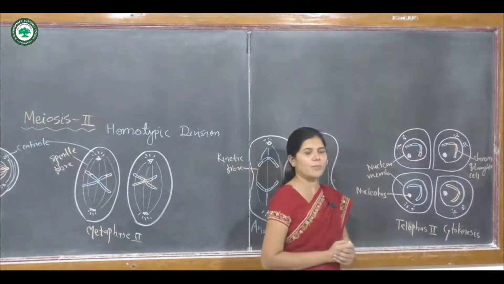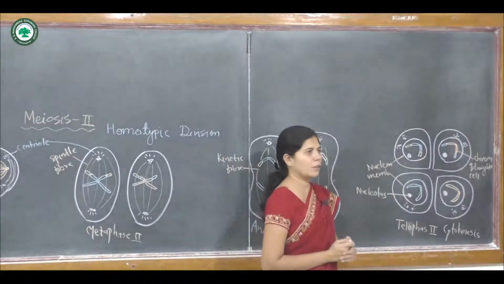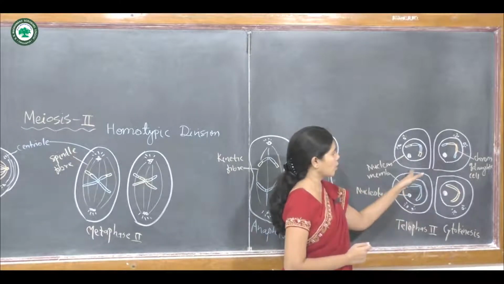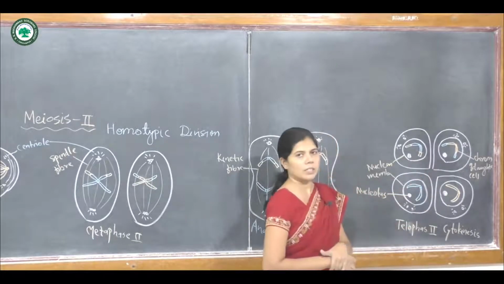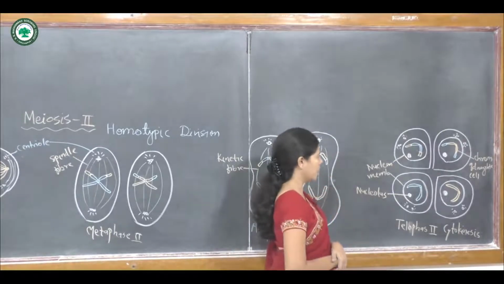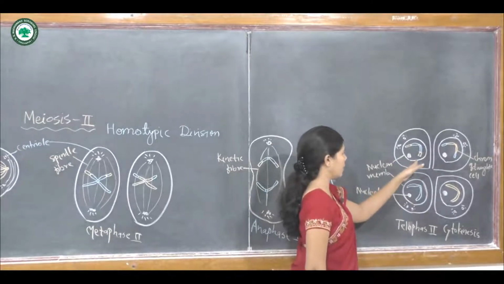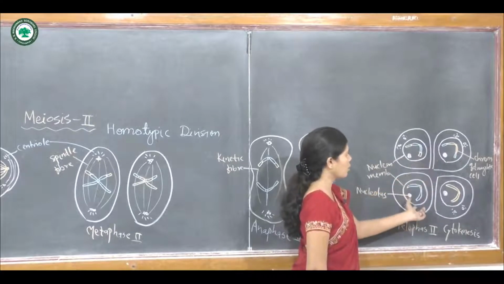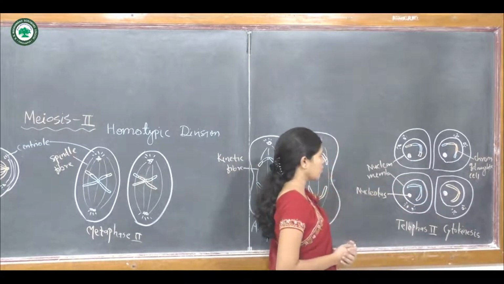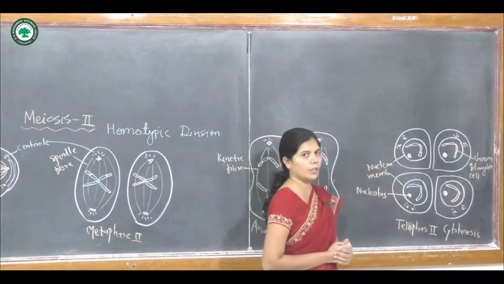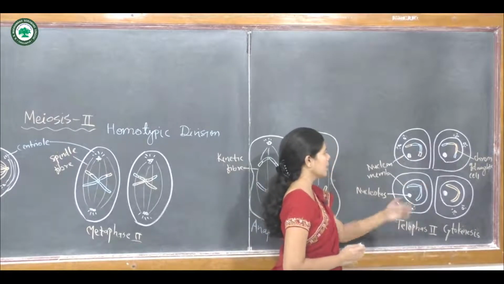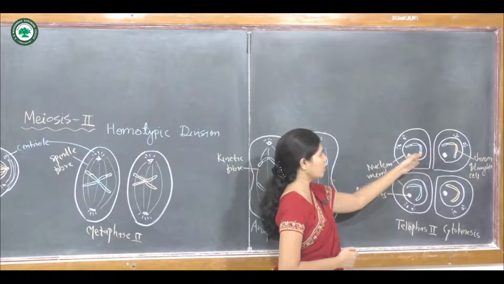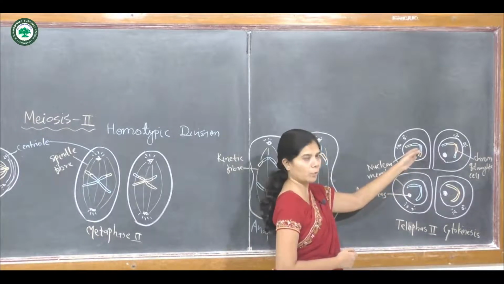At the end of meiosis II, that is at the end of telophase II and cytokinesis II, a total of 4 cells are formed with nuclear membrane, nucleolus, as well as the daughter chromosomes. The daughter chromosomes are different in each cell, with exchanged segments of the chromatids.